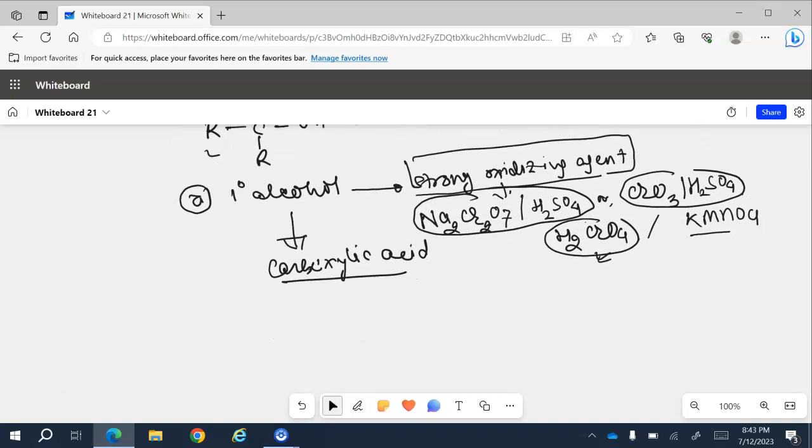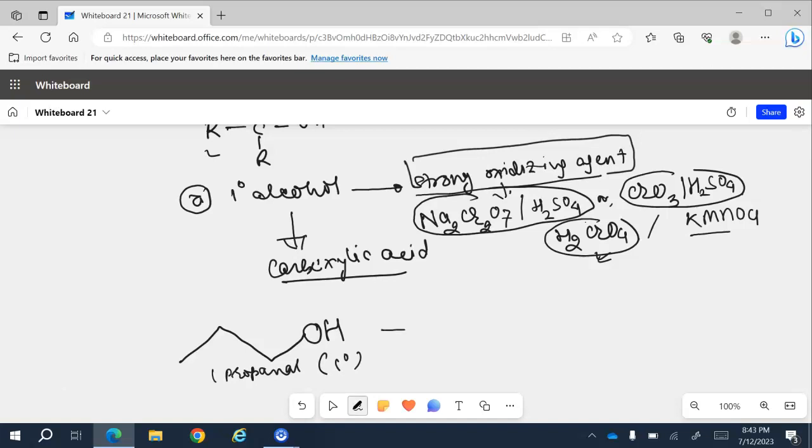For example, say this alcohol here is 1-propanol, and it is a primary alcohol, as you can see.